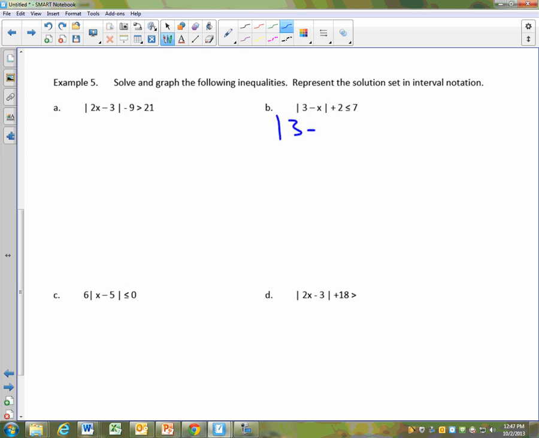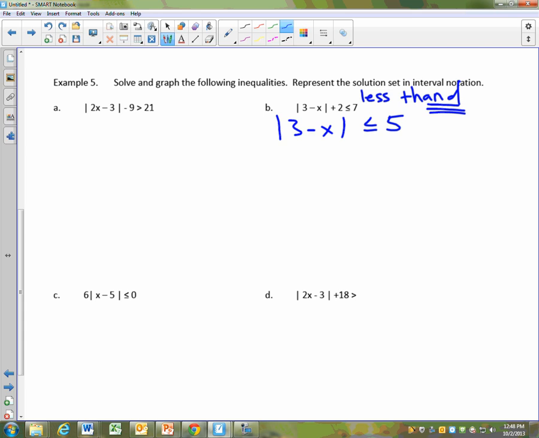The next one I solve the same way. Absolute value of 3 minus x is going to be less than or equal to 5. So can somebody tell me, is this going to be a conjunction or a disjunction? Conjunction, because I see a less than, and that means conjunction, together.